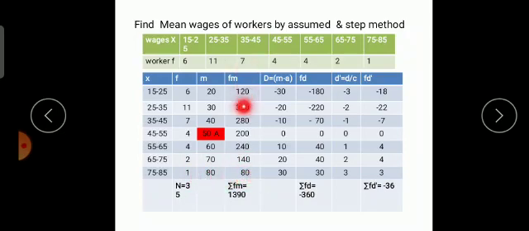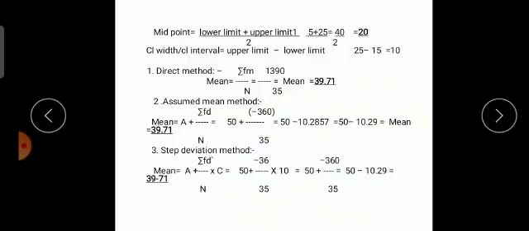When you total the fm column, you get summation fm, that is 1390.